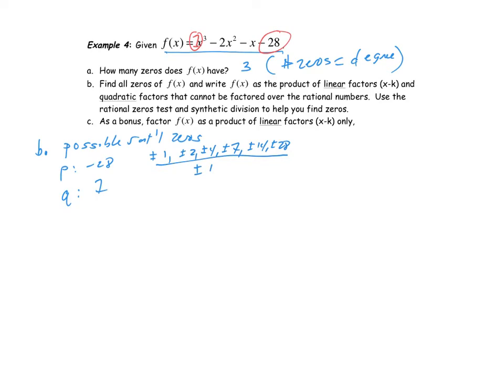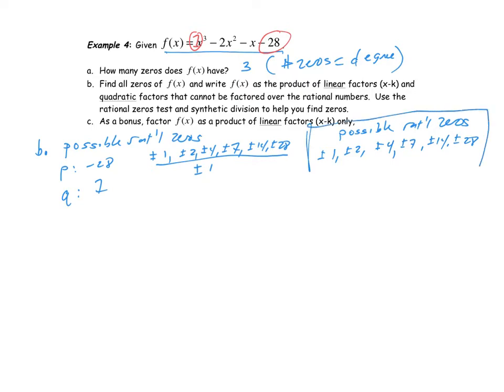So our list of possible rational zeros, our complete list. Remember, this is just rational zeros, not all possible zeros, because we could have irrational or imaginary zeros, is plus or minus 1, plus or minus 2, plus or minus 4, plus or minus 7, plus or minus 14, plus or minus 28. That is our list of possible rational zeros that we're going to use.